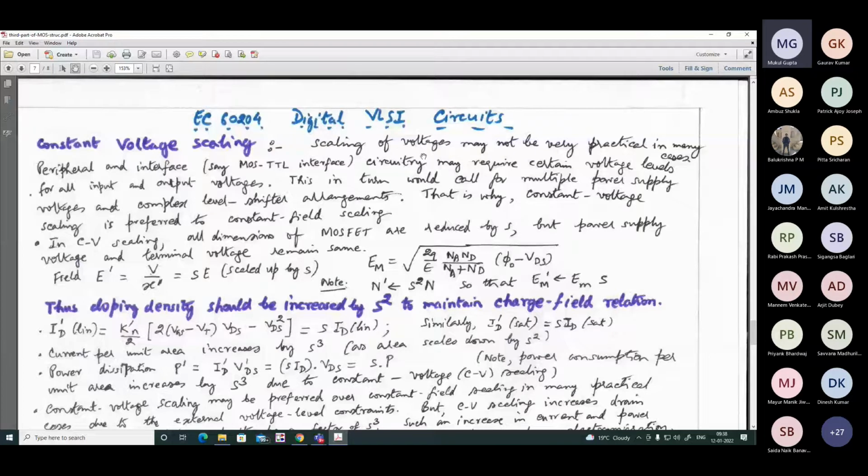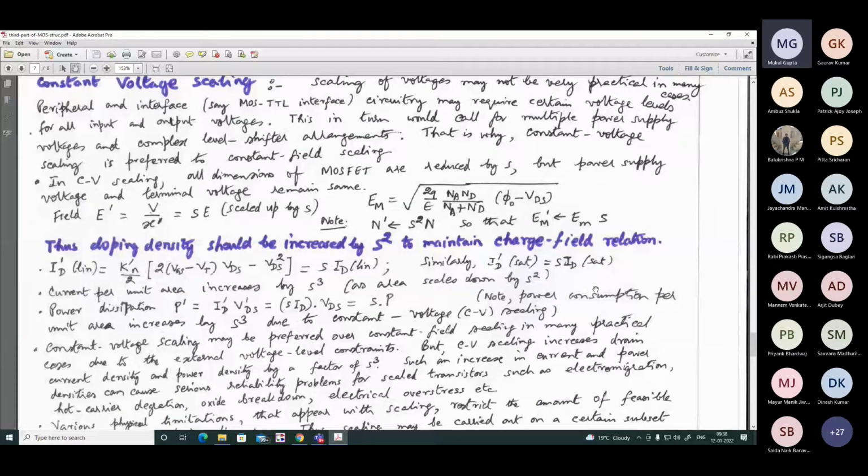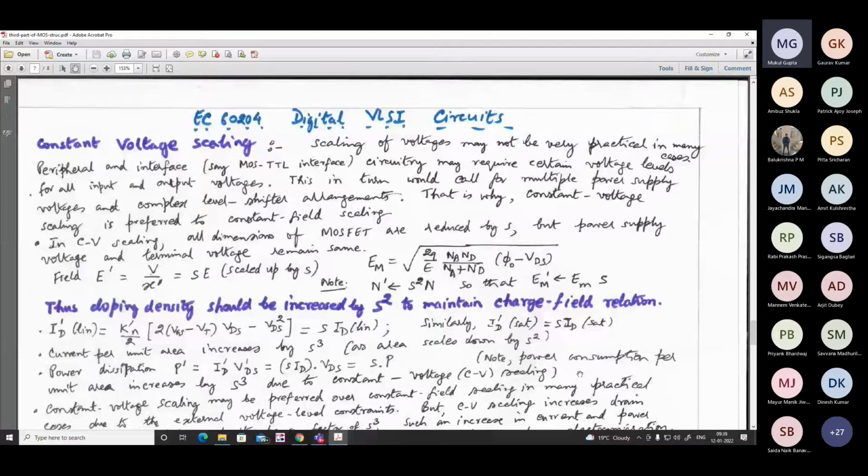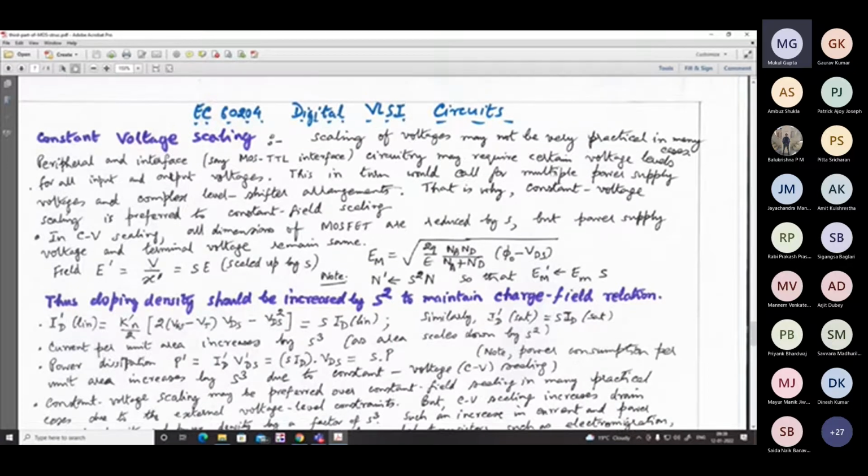But if you go across technologies, if you have to consider the interface between MOS and TTL, nowadays we see that MOS packing density is larger than the BJT or bipolar junction transistor technology. But BJT is unavoidable when you think of the interface circuitry or for enhancing the power, particularly the I/O interface.